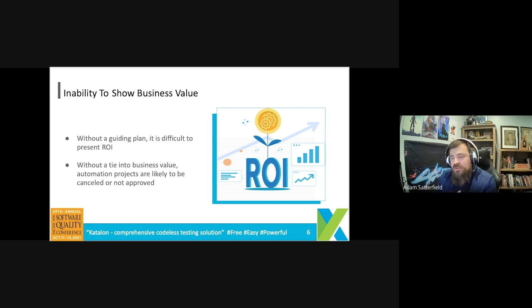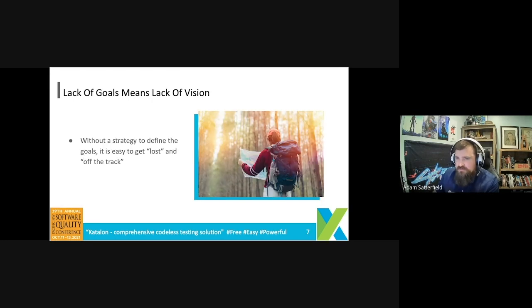Yes, it may be something that we think is awesome. It will potentially help the business. But if we don't take that time to really define and tie that into business value, what we see in the industry is a lot of these automation projects wind up being canceled because there is no value, when the business looks and says, we're spending this amount of money and we're not getting that much out of it. So this is definitely one of the top things we see in terms of failures when we don't have a testing strategy.